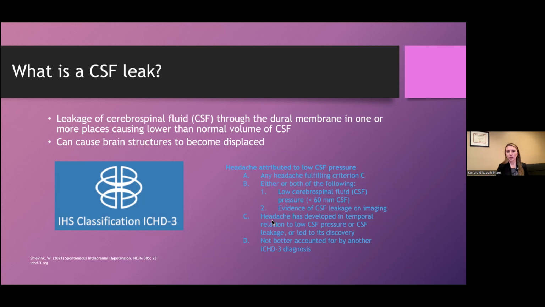Normally people are somewhere around 120 to 200, give or take, but less than 60 would be low. That would be determined if somebody did a lumbar puncture and measured the pressure upon getting to that spinal fluid.